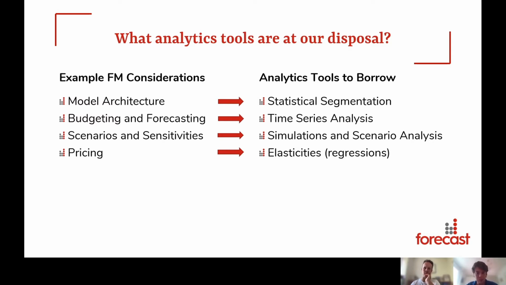For the listeners' interest, what are specifically those statistical techniques called? A statistical segmentation really consists of two parts. There's usually the dimensionality reduction part of the analysis and then the clustering. The dimensionality reduction is really taking those 200 characteristics and creating a more meaningful subset of those.